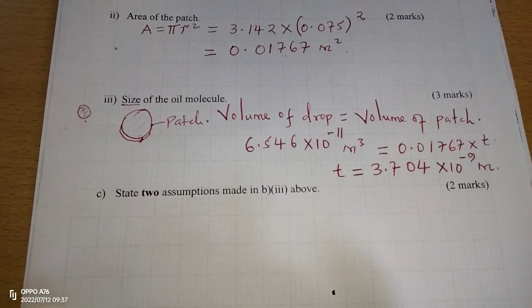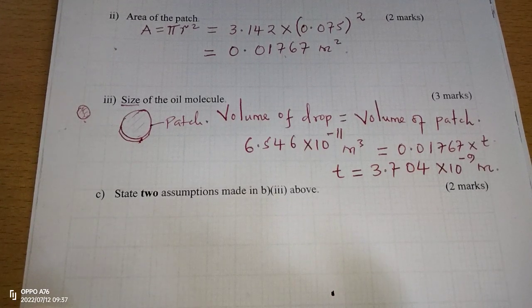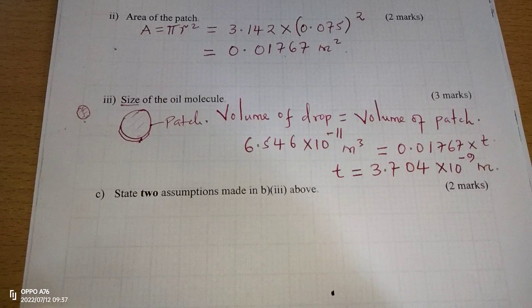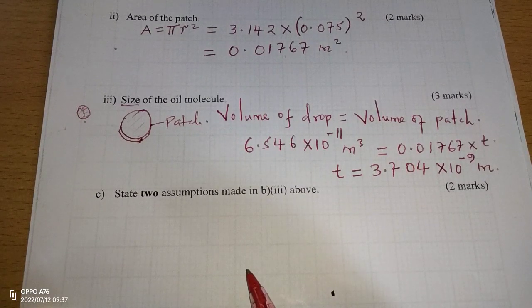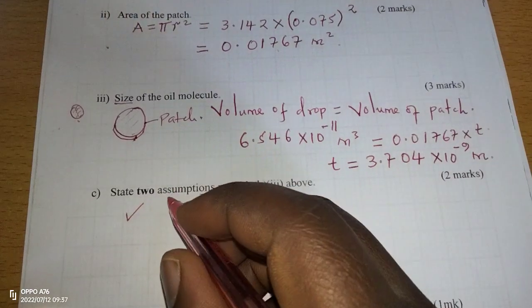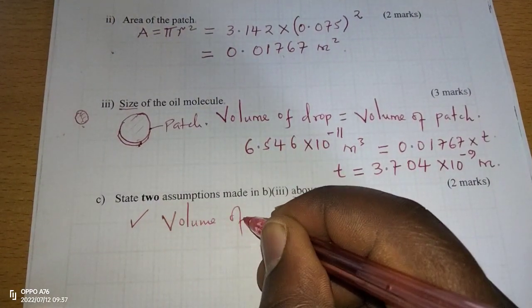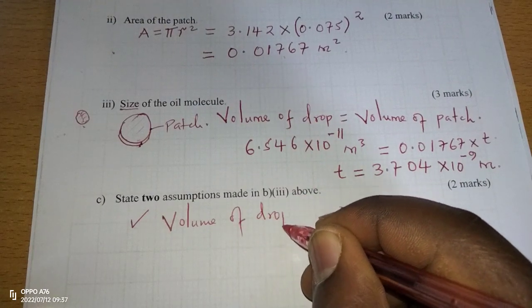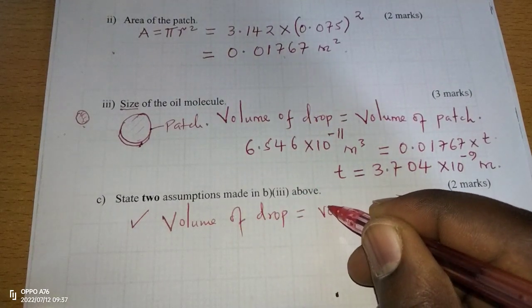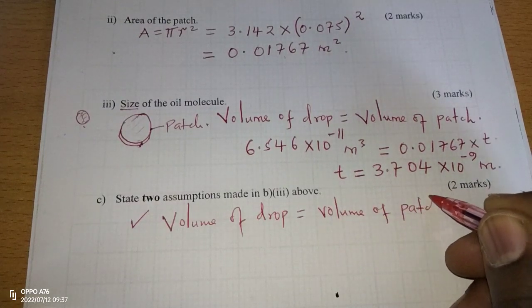Finally, we are told to state two assumptions made in part B(3) above. So the assumptions we are making are that, 1, the volume of the drop is equal to the volume of the patch.